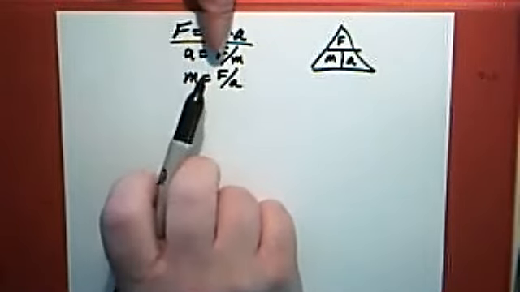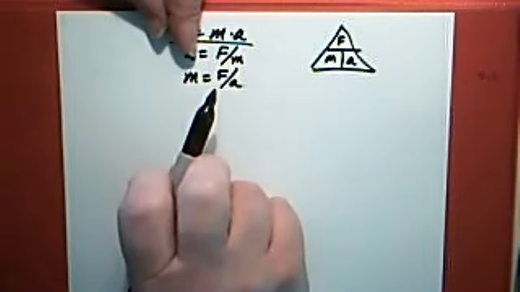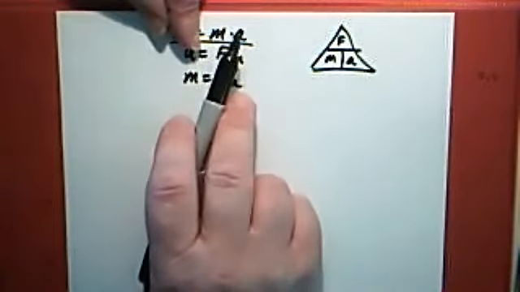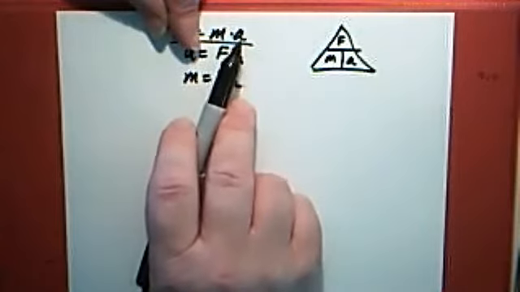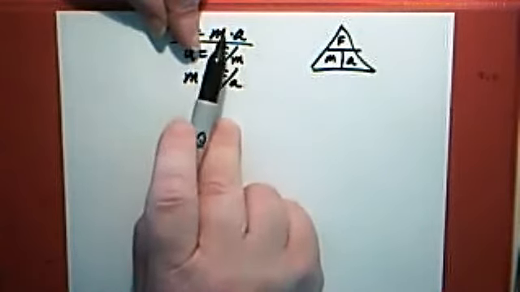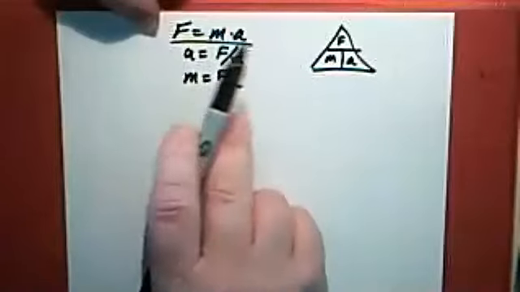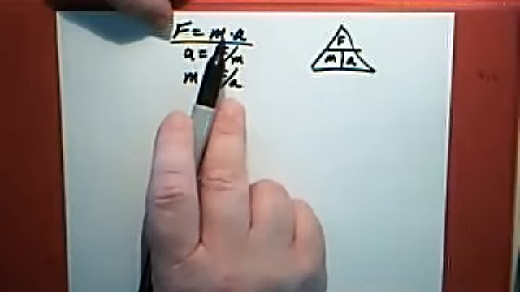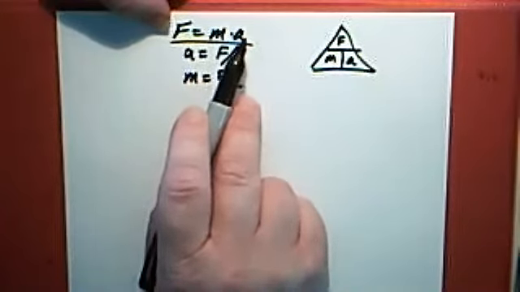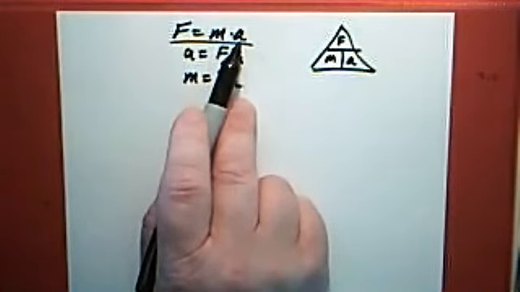Force would be proportional to acceleration if the mass doesn't change, and if the force stays the same, then mass would be inversely proportional to acceleration, because when you multiply one thing times another to reach the same goal, as one of the things you're multiplying gets bigger, the other has to get smaller by the same factor if the result is going to remain the same.